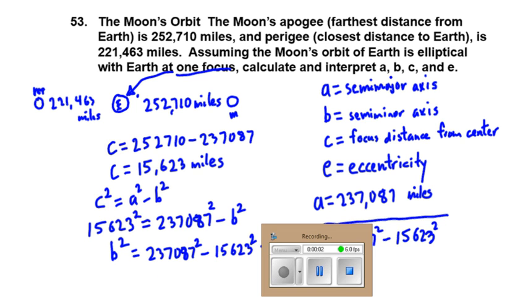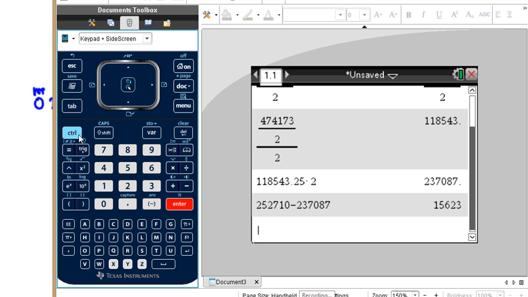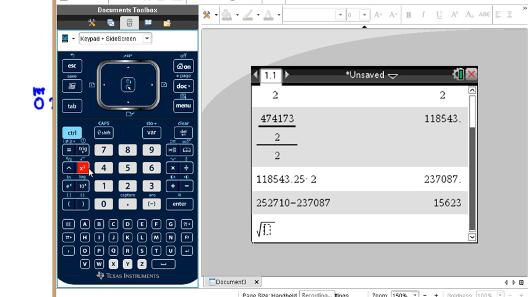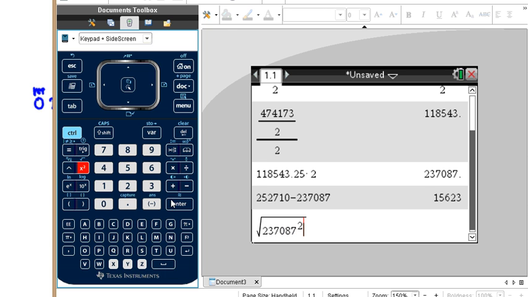So going back to our calculator, we have the square root of 237,087 squared minus 15,623 squared.